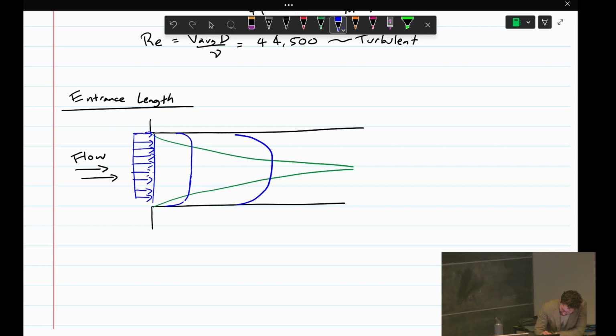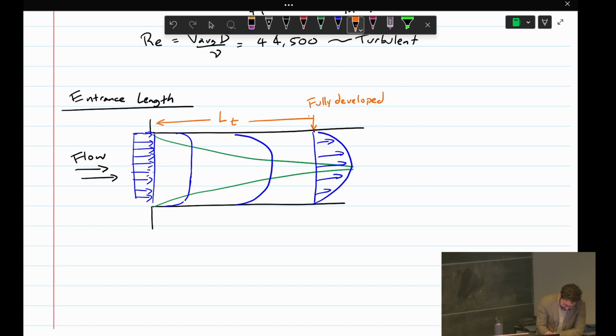Go back to the wall. But once it's fully developed, we get those fully developed profiles that I showed earlier. So once we get that fully developed velocity profile, the length until we get that is called LH. That's the entrance length.